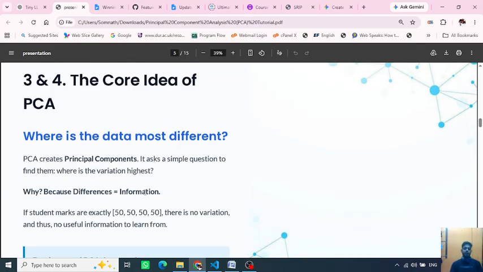So PCA creates principal components. It asks a simple question to find them: where is the variation high? Because difference indicates that there is some information.